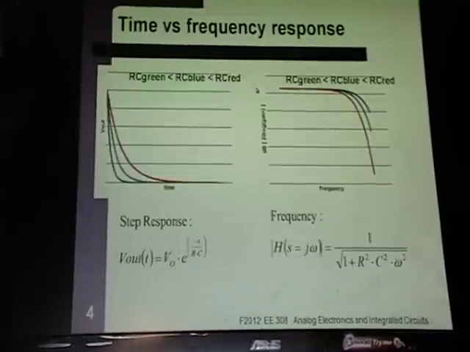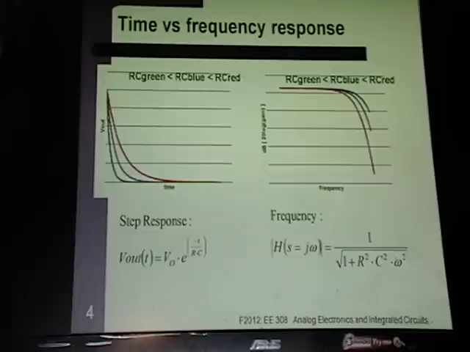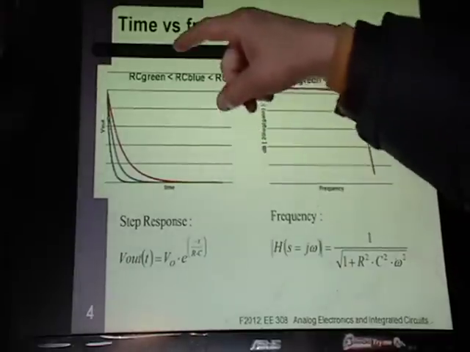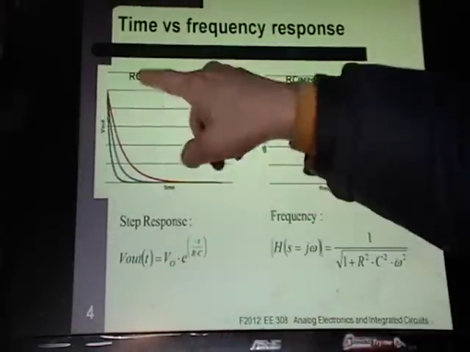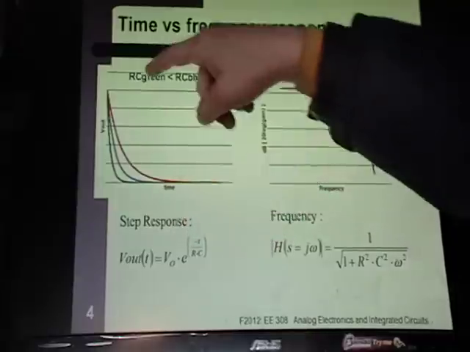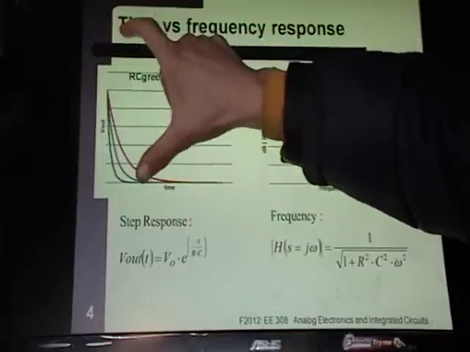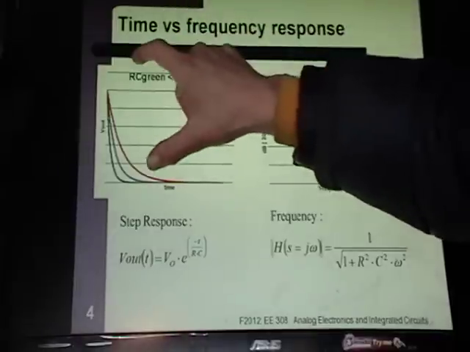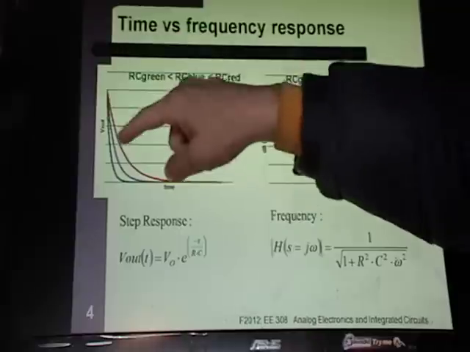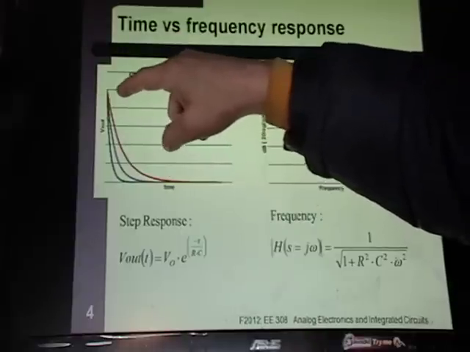And just to kind of tie that in with what you've seen from time domain. Say you have a charged up capacitor and you discharge it through a resistor, you get something like this. At first there's a big voltage across the resistor, so lots of current flows so that the voltage changes kind of quickly.